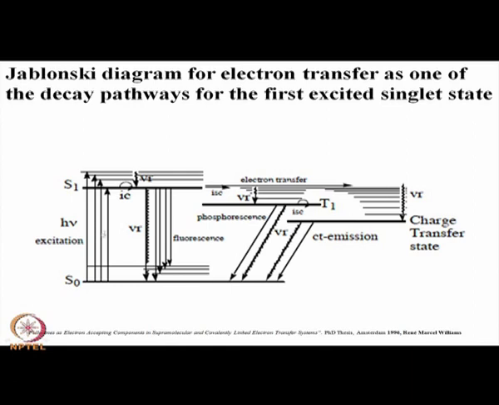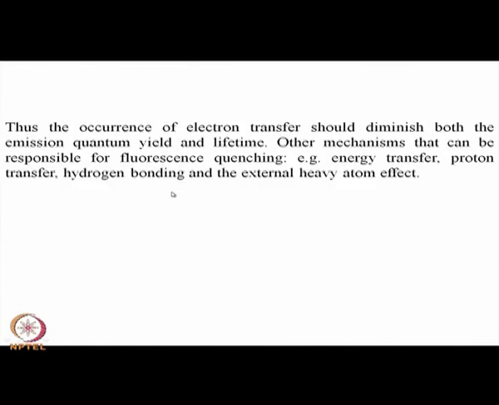So, various processes may take place when you consider this donor acceptor pair, in which the donor is excited with a photon, then electron transfer leads to the charge transfer state, followed by various processes as I told you in the earlier slide. Thus, the occurrence of electron transfer should diminish both the emission quantum yield and lifetime.